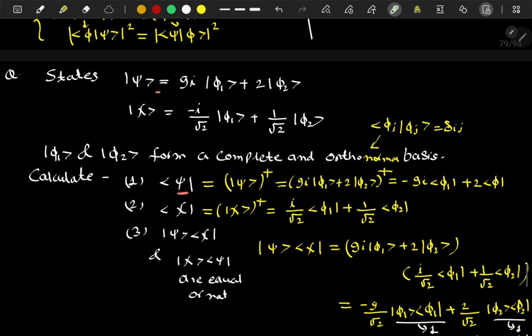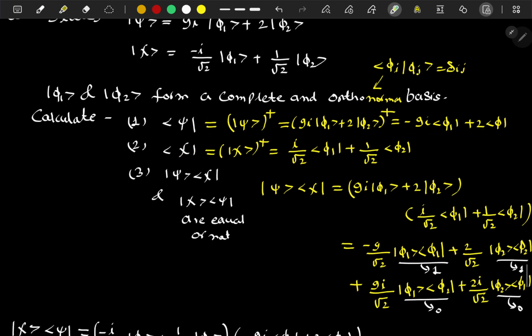It will be very easy. Just take the complex conjugate, and this will be bra chi. So just do this. The coefficient becomes its complex conjugate, and this will be reversed, meaning the complex conjugate. This will be bra chi equal to the conjugate coefficient of bra phi 1 plus 1 over root 2 bra phi 2.